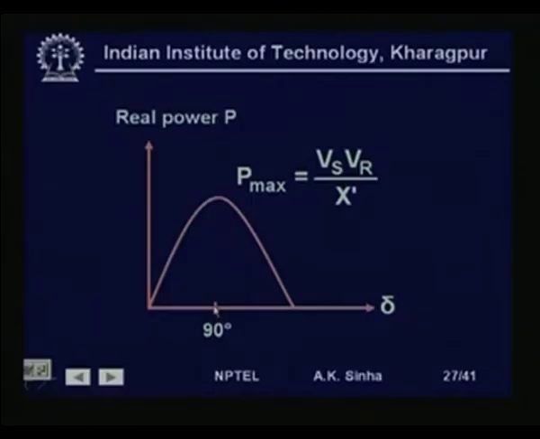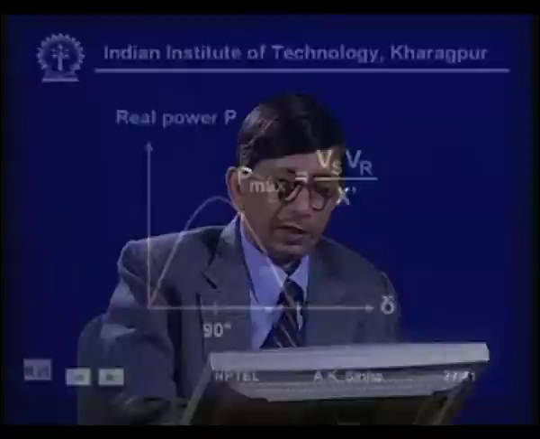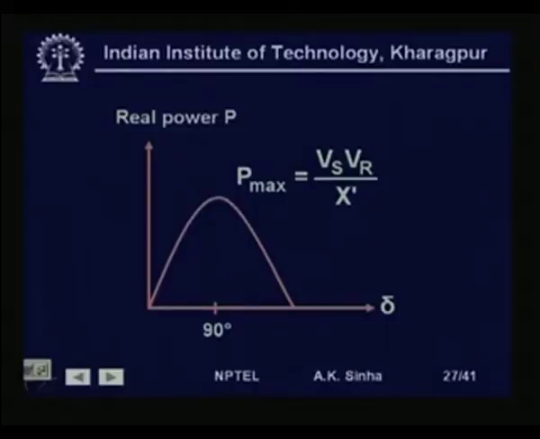There is another very important aspect. Suppose we have a synchronous machine which is connected to the system by means of a transmission line. If this synchronous machine is supplying a certain amount of power to this system, let us say it is working at this point somewhere.